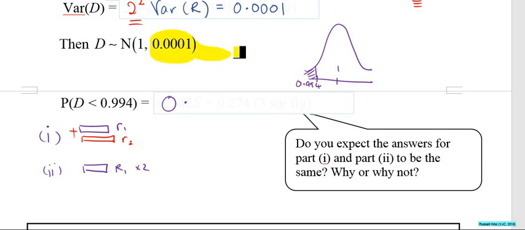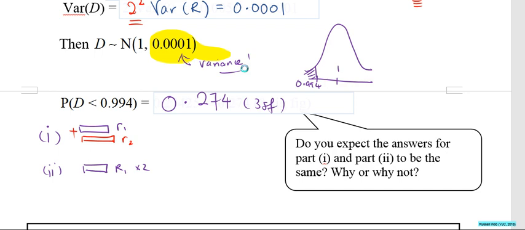This is actually the variance. You must square root that value when keying in. By convention, it's always this. This is the variance.